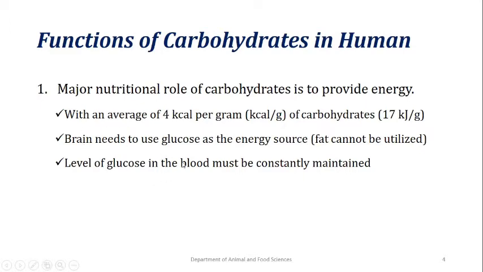So we need to definitely get carbohydrates as our major energy source. As you know, lipids and proteins can provide more energy than carbohydrates, but particularly for our brain, we cannot use lipids or proteins as our energy source. So we require carbohydrate in that case. And the level of glucose in the blood must be constantly maintained. We have to regulate the glucose level in our blood.